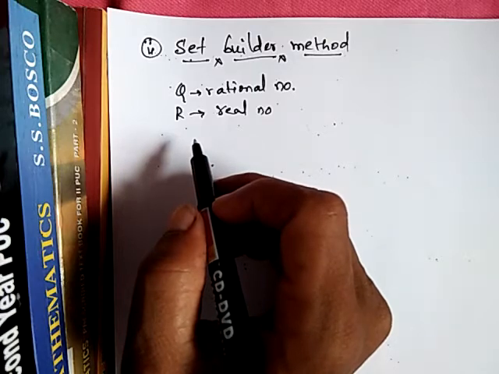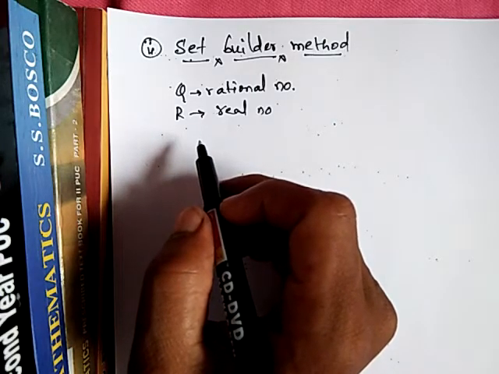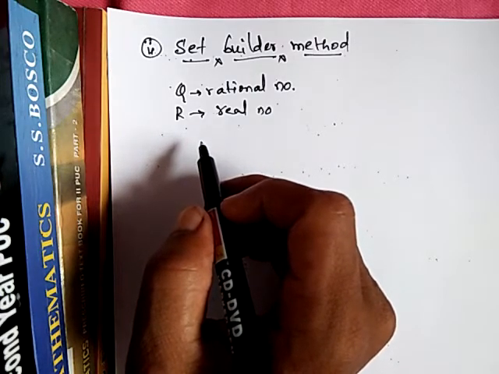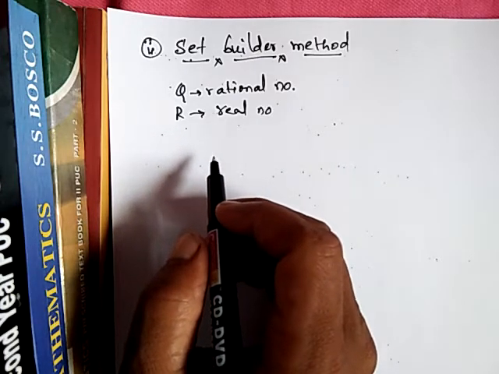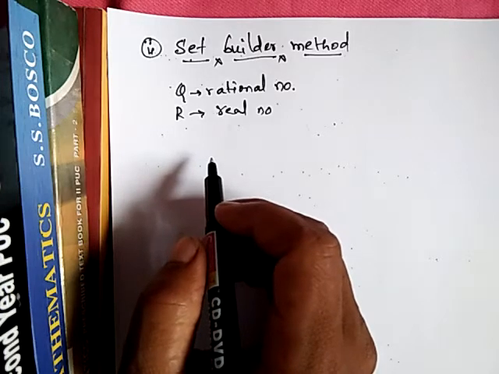Okay, so in the set builder method, a set is described by means of some property which is shared by all the elements of the set.